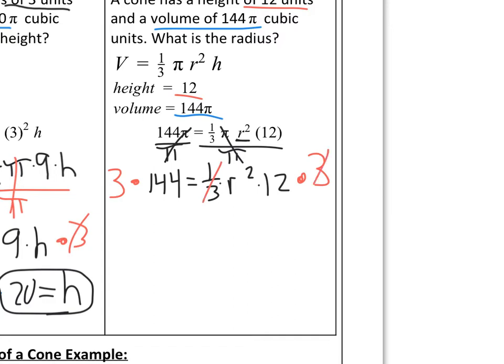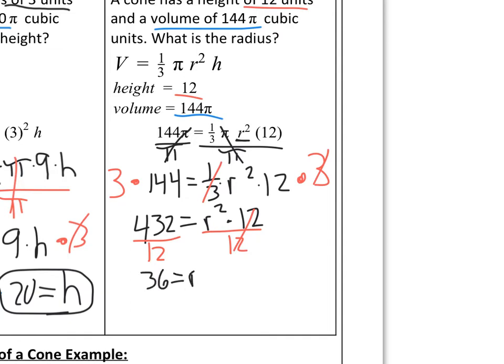And on the left, we have 3 times 144, which is 432, equals r squared times 12. We can divide that 12 out, because we want to get the r by itself. So if we do 432 divided by 12, it looks like we're going to get 36 equals r squared.